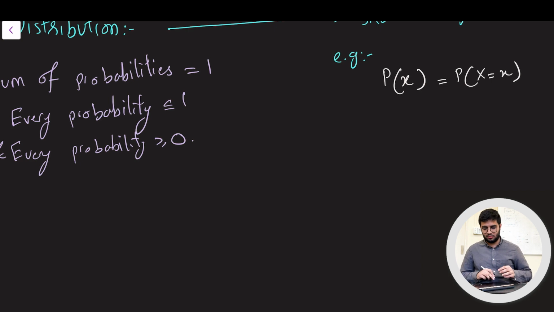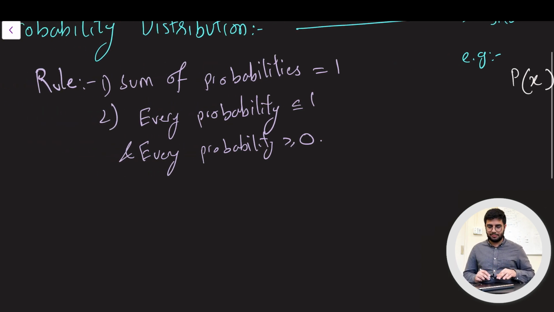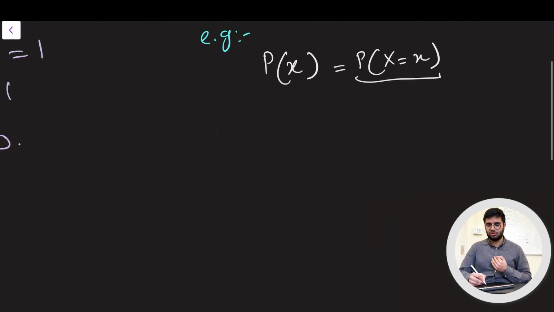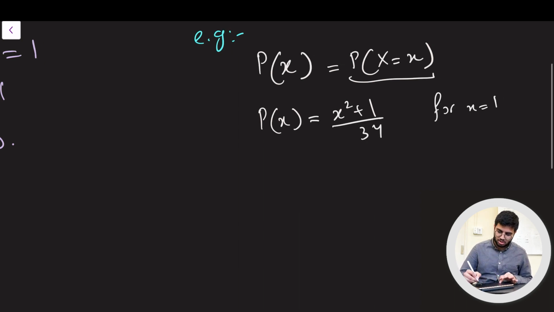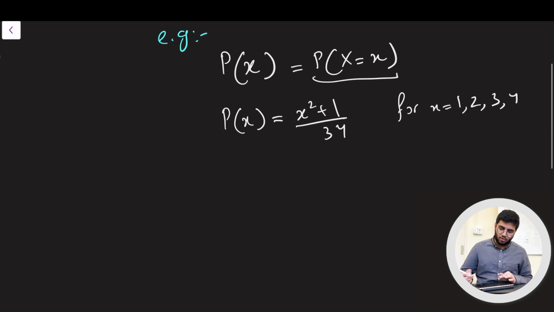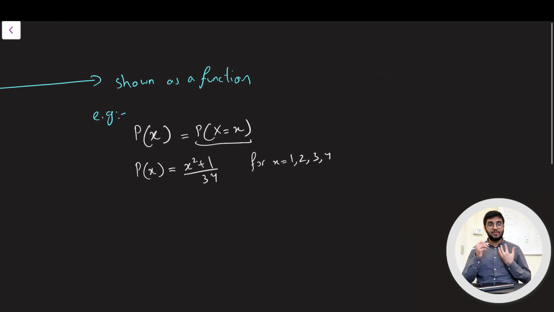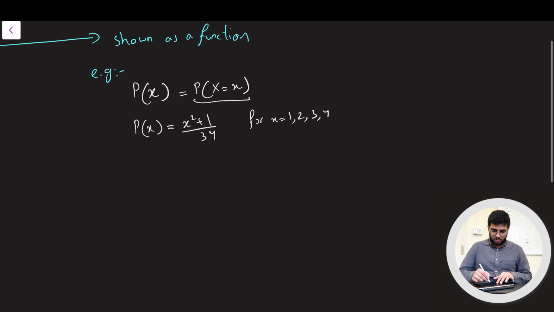Okay, this is what we saw in the table, that a randomly chosen value equals a particular x. Okay, so that is what the P of x means. P of x can be shown as a function. So for example, we have this function, for x equals 1, 2, 3, and 4. Okay, now what this means, we'll get into it really quickly.